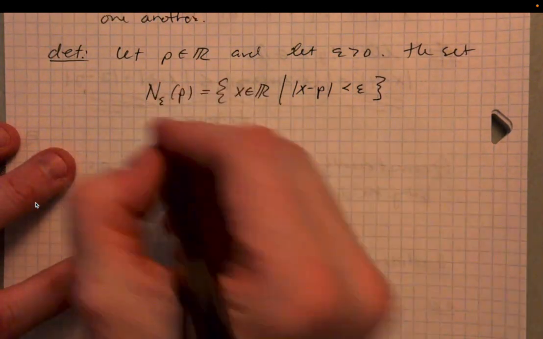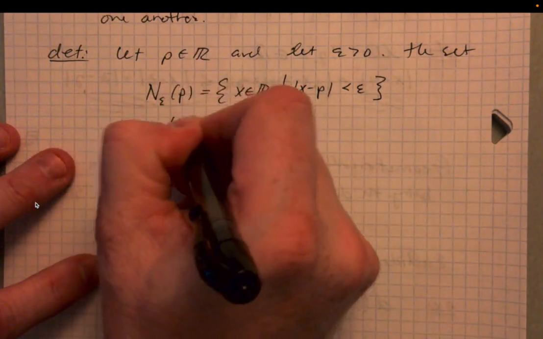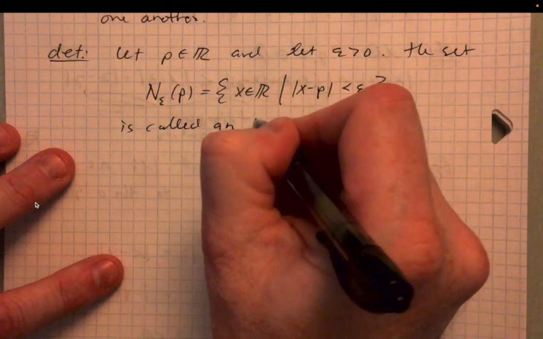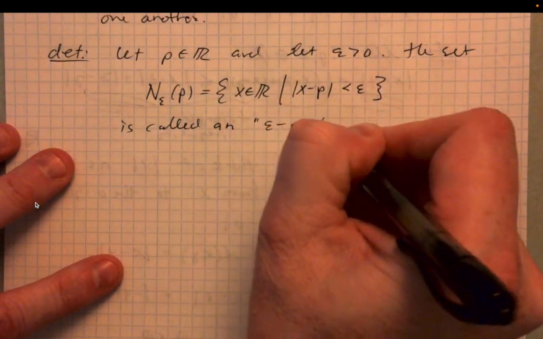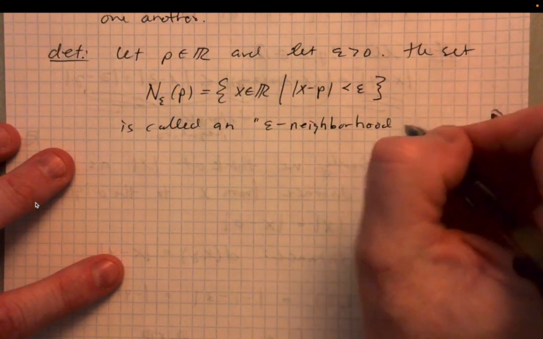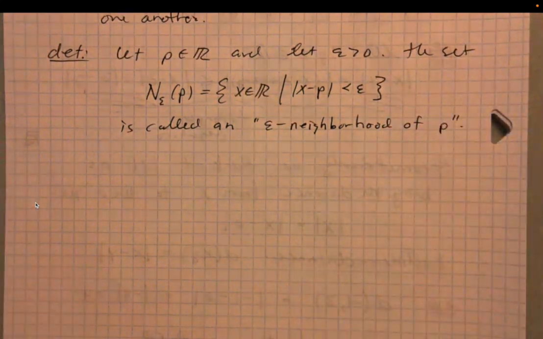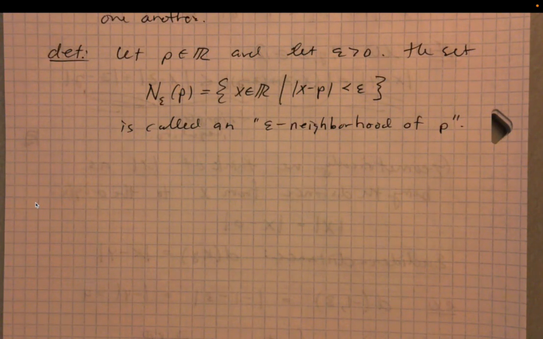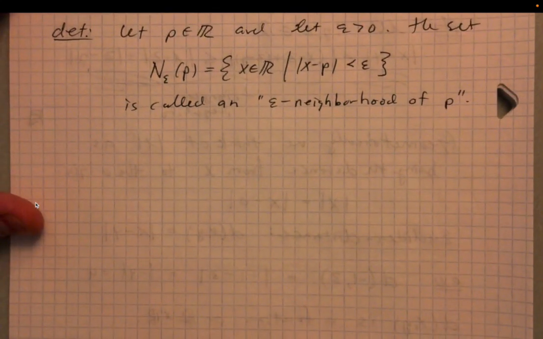This set is called an epsilon neighborhood of the point P. So we'll let P be a real number and epsilon some positive quantity, then N sub epsilon of P is all of the real numbers such that the distance between x and P is less than epsilon. And this is a way to define an epsilon neighborhood.